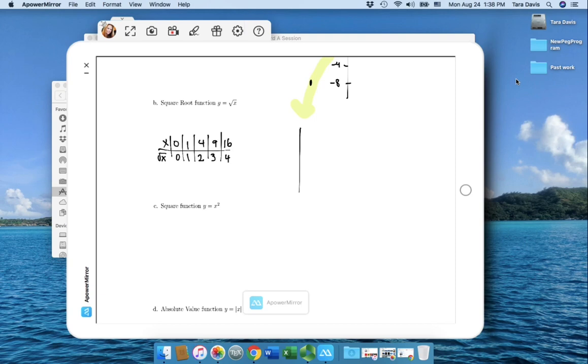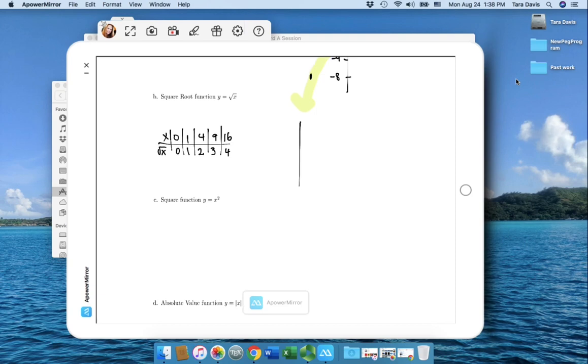So this time I need the scale on the x-axis to extend further out a little bit, and I don't actually need any negative numbers for x. So let's let this be 16, 8, 12, 4, 2. And then on the y-axis, I only need to go up to 4, so I'll just count by ones: 1, 2, 3, 4.